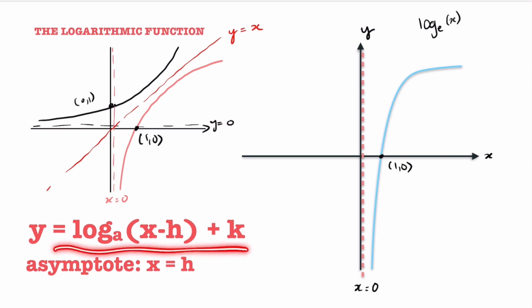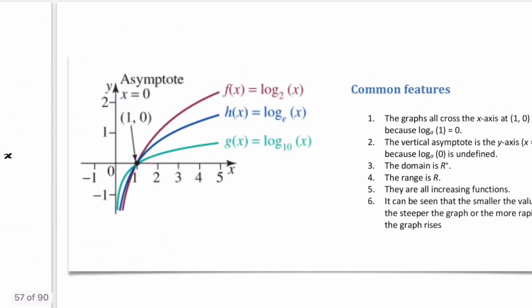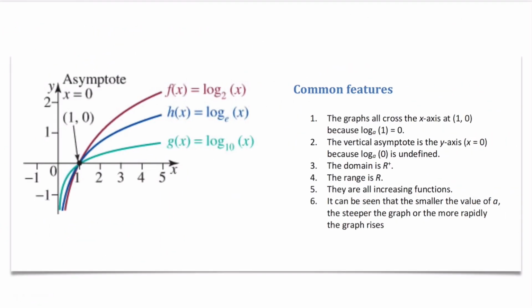Our equation is, as always, with our transformations, h is left and right, k is up and down, and then we can have any dilation factor that's out the front. What happens if we change the base of our logarithm? Well, if you remember with exponentials, the higher the base is, the faster or steeper it grew.